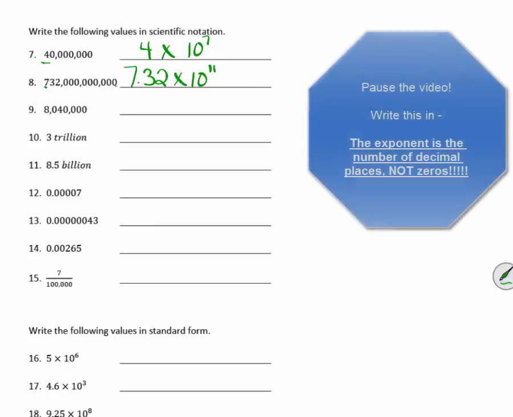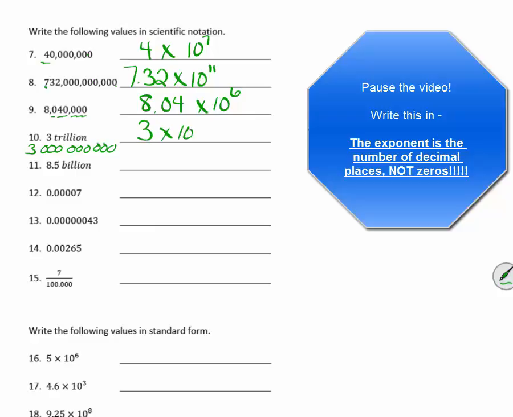Number 9, 8.04 times 10, and then I have 1, 2, 3, 4, 5, 6, 10 to the 6th. 3 trillion looks like this. So that means I'm going to have 3 times 10 to the 1, 2, 3, 4, 5, 6, 7, 8, 9 power.